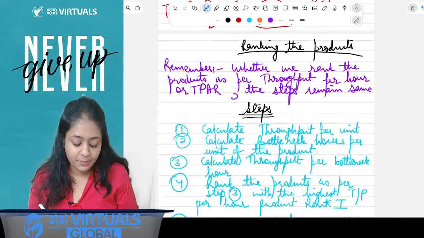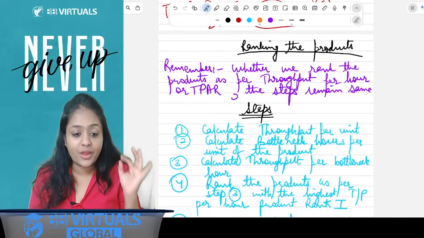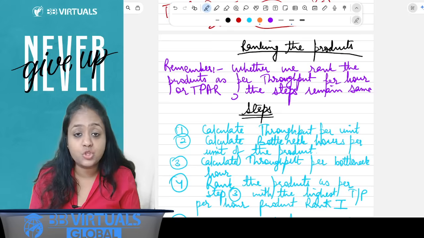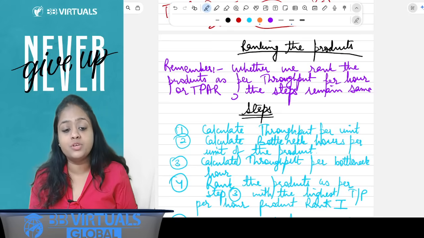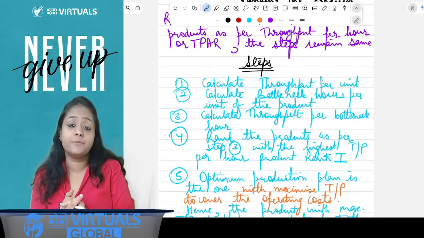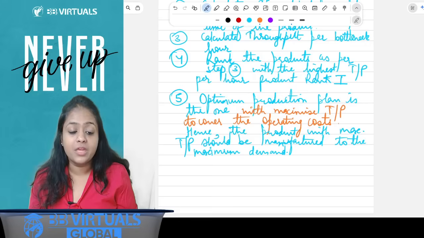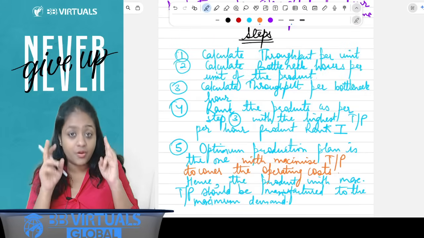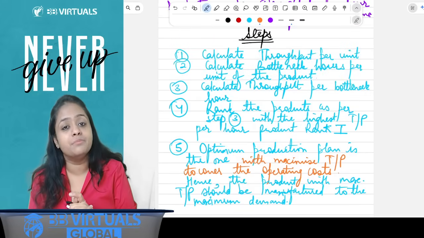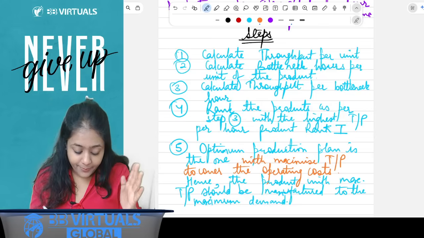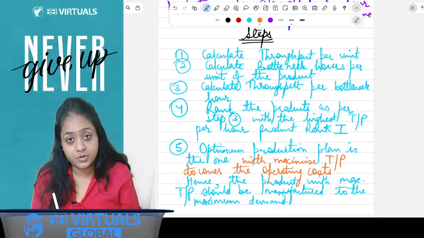Now, how do we rank the products? Remember, whether we rank the products as per throughput per hour or TPAR, the summary steps that I'm going to give you now are going to remain the same. So make sure that you have a hold of these summary steps. Step 1, calculate throughput per unit.